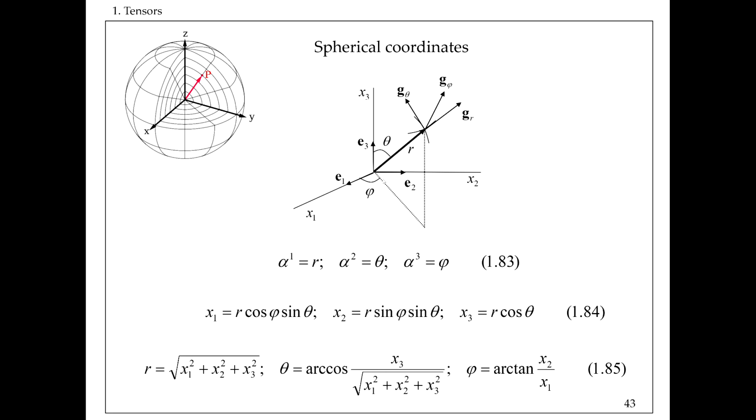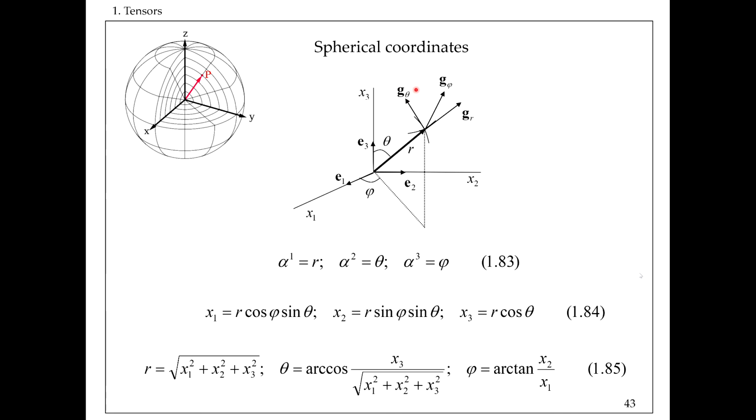Now phi is something that we already looked into before, the in-plane consideration for the cylindrical coordinate system. What is important to us is to say what g_r, g_phi, and g_theta are and how they are expressed.